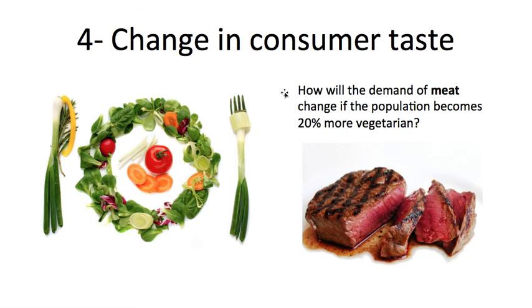Here's one example: we are looking at meat, and you have an increase of 20% in the population which became vegetarian. How will that affect the demand of meat? Well, the demand will decrease, because there are 20% more people who don't want to have meat.